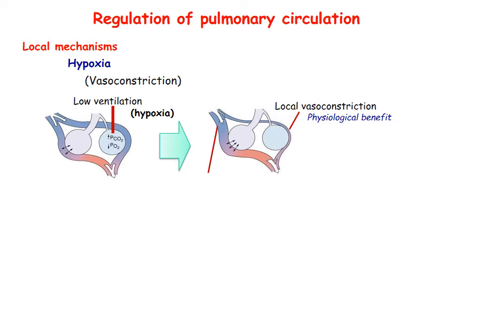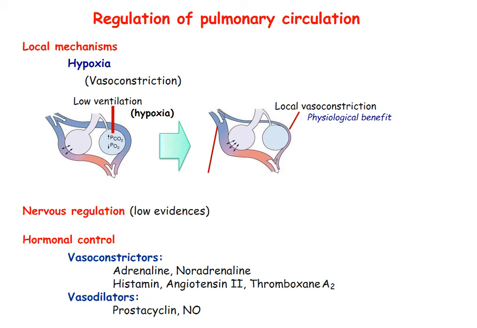This is the main regulatory mechanism of pulmonary circulation, but there are other mechanisms. For example, innervation: the autonomic system can also regulate the pulmonary circulation, although the evidence of this regulation is very low. Other mechanisms that can regulate the pulmonary circulation are the hormonal mechanisms.